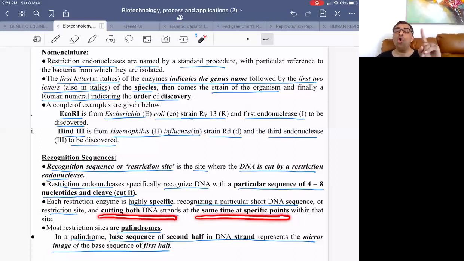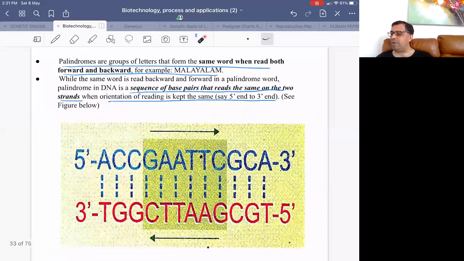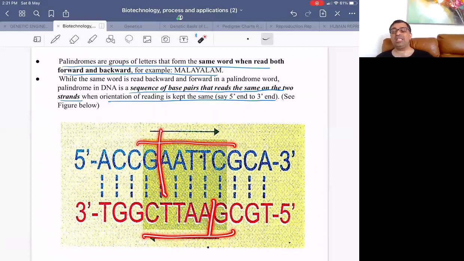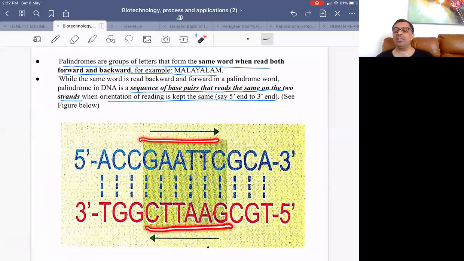And most of these restriction enzymes, suppose there is an enzyme, it will cut DNA at a specific sequence in both strands. It will cut this DNA and this DNA at specific sites. And what is that specific site called? A restriction site.